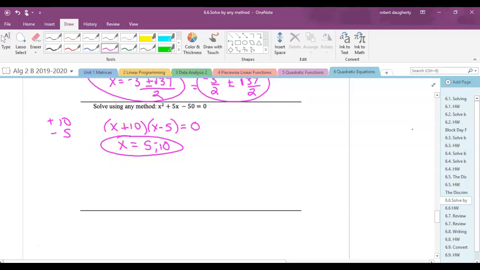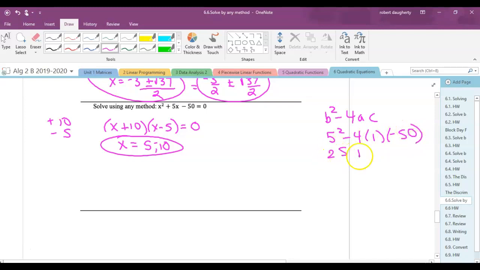Okay. So for the ones that start out with x squared in terms of bx instead of 2x or 3x squared, if this factors, that's the easiest way. If you did not see that, you could always do the quadratic formula. So b squared minus 4ac is going to be 5 squared minus 4 times 1 times negative 50.